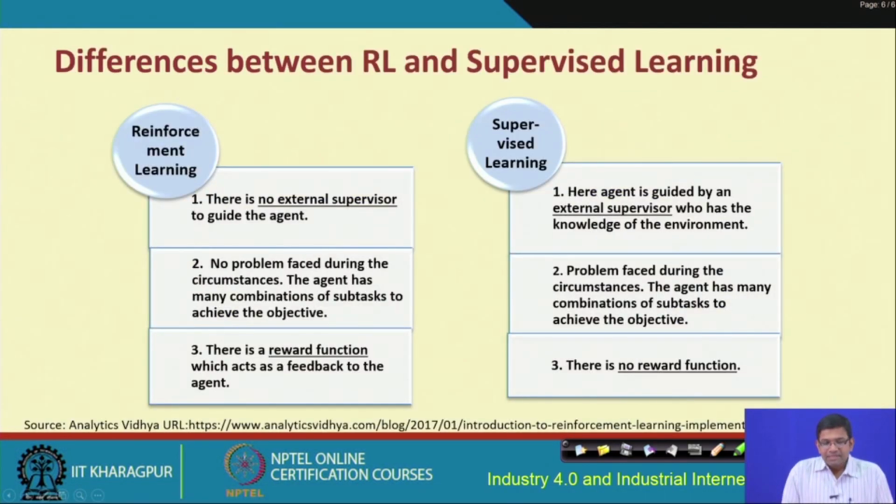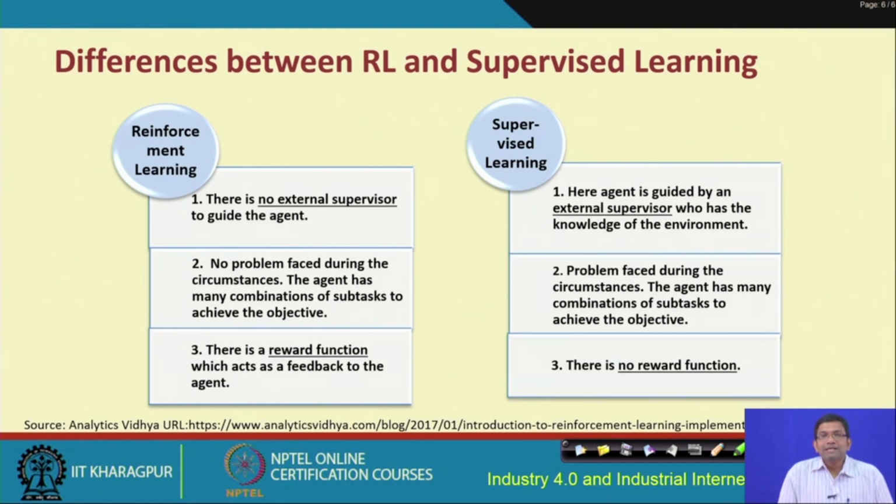What are the differences between reinforcement learning, supervised learning and unsupervised learning? Let us take up reinforcement and supervised learning first. In reinforcement learning, there is no external supervisor, whereas in supervised learning there is some external supervisor who has the knowledge of the environment.